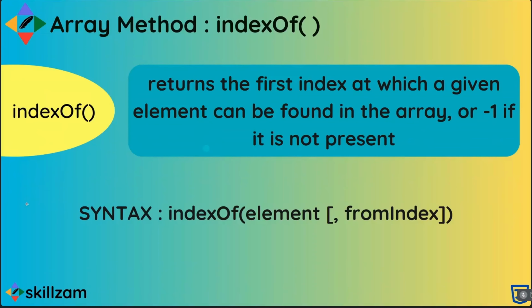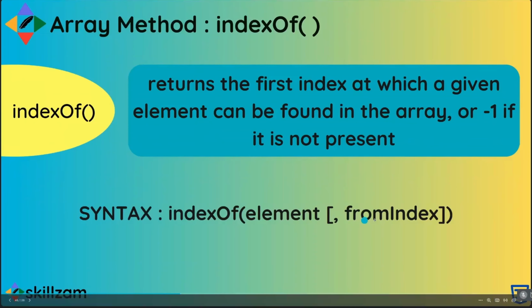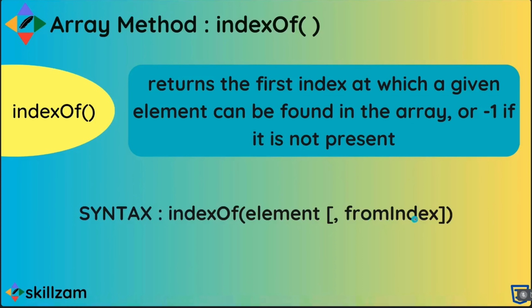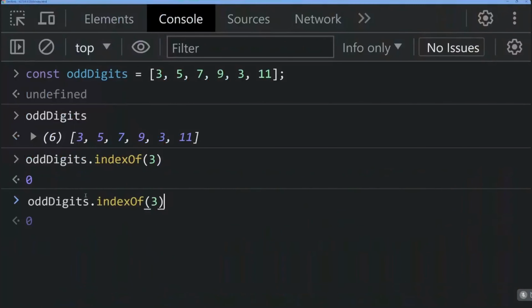And in the same way, like includes, you can also have a fromIndex. I can also specify from where I want to search. For example, if I want to search from index position 1, so I'm leaving this and starting here, 0, 1, 2, 3, 4, 5.